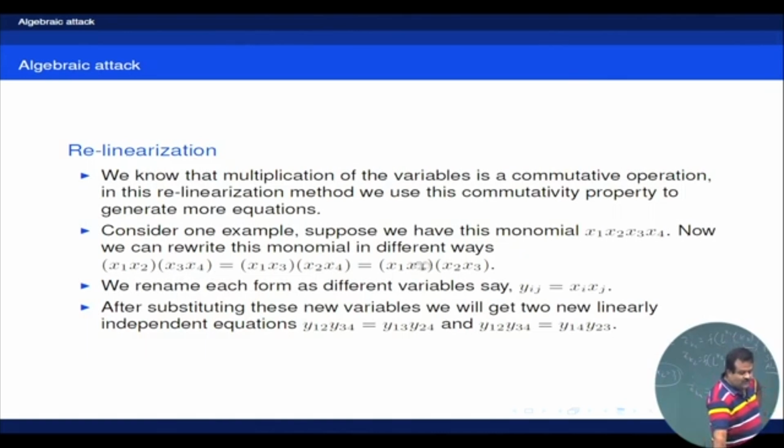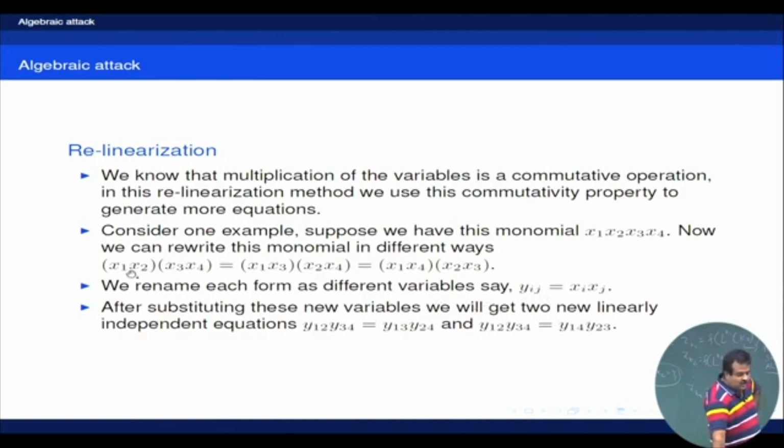For example, suppose we have a monomial x1 x2 x3 x4. We can rewrite this monomial in different ways, like x1 x2 times x3 x4, or x1 x3 times x2 x4, or x1 x4 times x2 x3. Then we rename each of these different variables.